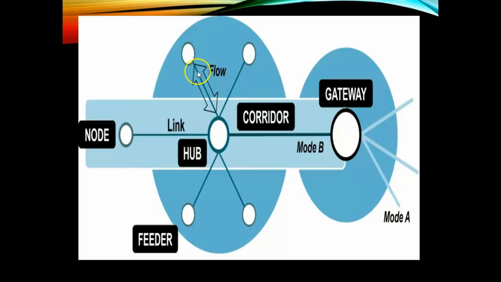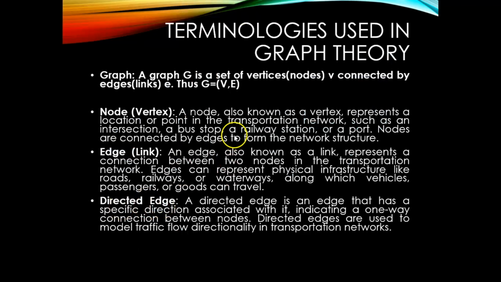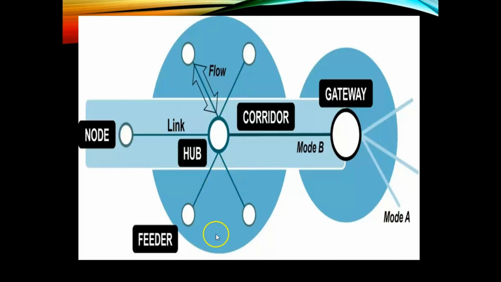Here we can see what we call a directed flow. We can see the arrow here, which I explained earlier as a directed edge. This is just a picture to show us what we call a node. Every point here is called a node. This is also a node. So the line between two nodes is what we call a link.